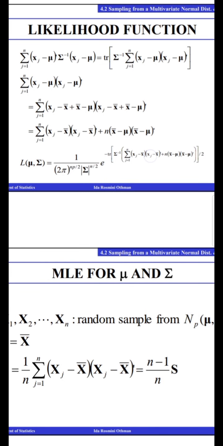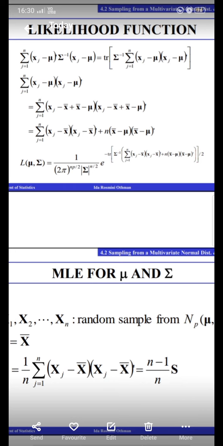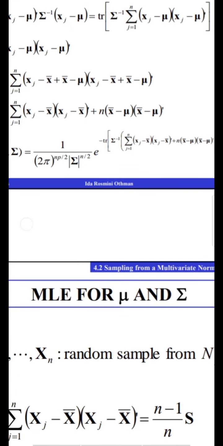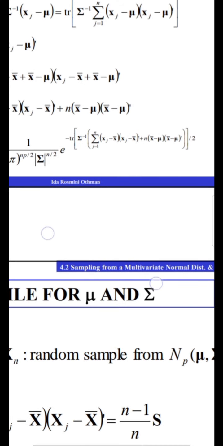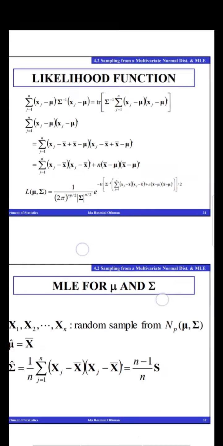It will be like this: the trace of the inverse of big sigma multiplied by the summation of xj minus x bar multiplied by xj minus x bar transpose, plus n times x bar minus mu transpose, the inverse, all of that divided by 2.